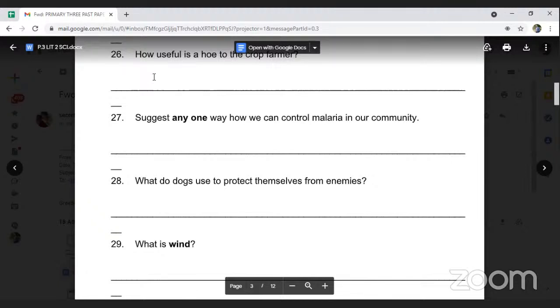How we can control malaria in our community. At home, you guys are trying to fight malaria. How are you fighting malaria? Let's hear from Asante. Give us one way. Getting mosquito nets, getting medicated. Of course, you have to answer the question following how the question is.